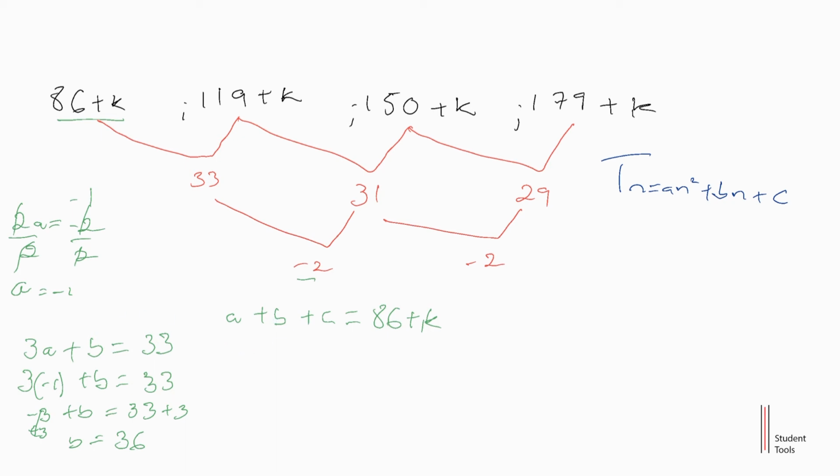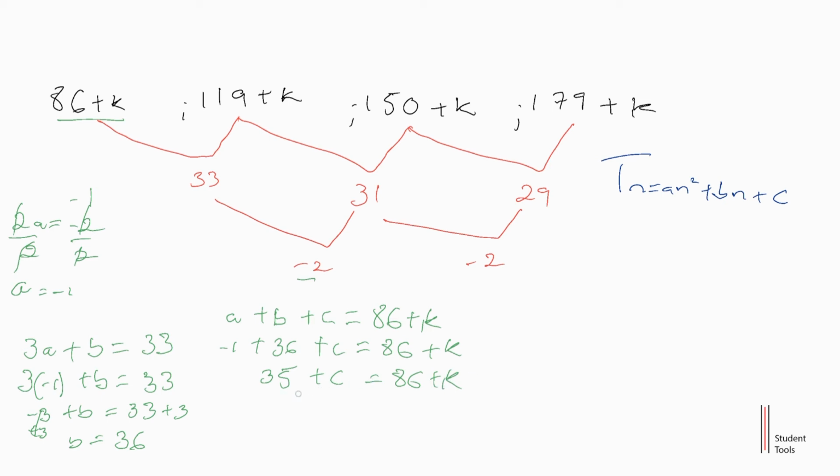So we'll substitute with negative 1 plus b. The value of b is 36. So we'll replace it with 36 plus c, which is unknown now. And this is equal to 86 plus k. So negative 1 plus 36, that is 35, plus c equal to 86 plus k.